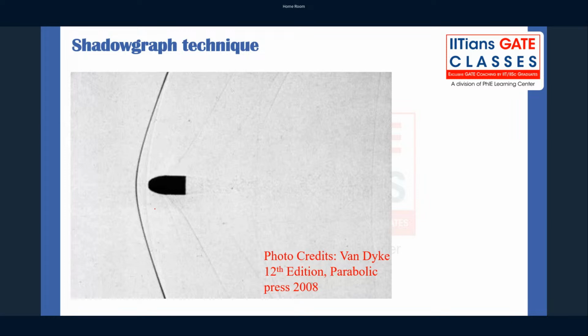It is traveling in this direction, right? That's what's important over here. It is just an image which shows the shadowgraph, taken using the shadowgraph technique. Here we can clearly see the bow shock.